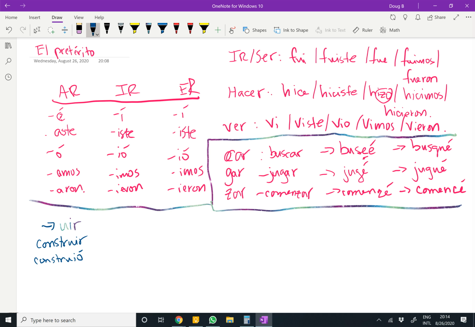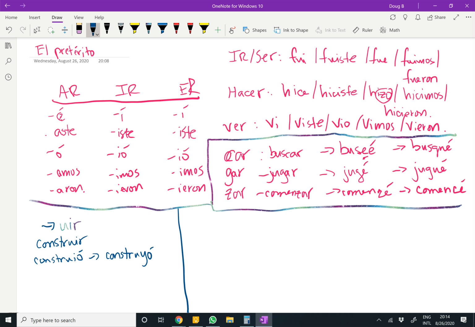Remember what we said earlier about three vowels in a row where the middle is I? We're going to change that I to a Y so we get a more fluid sound: construyó. I'm not going to list all the verbs you do this with, but whenever you have three vowels in a row and the middle is an I, you're probably going to change that I to a Y.